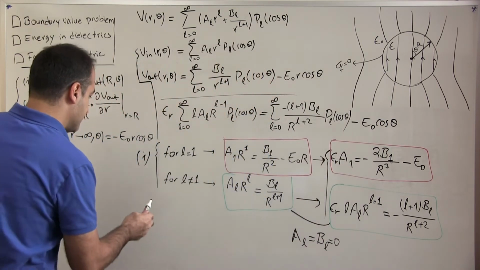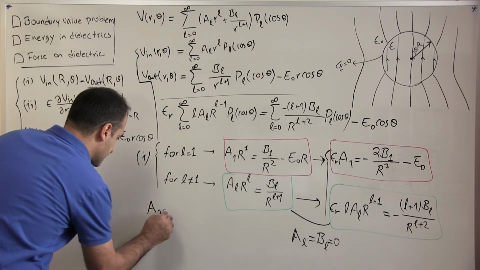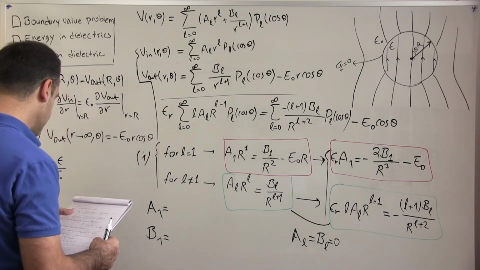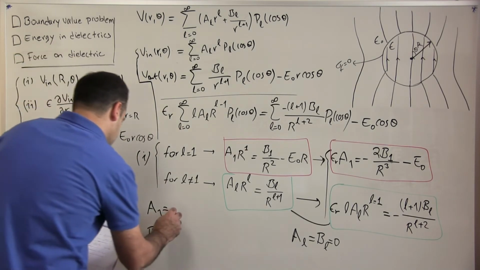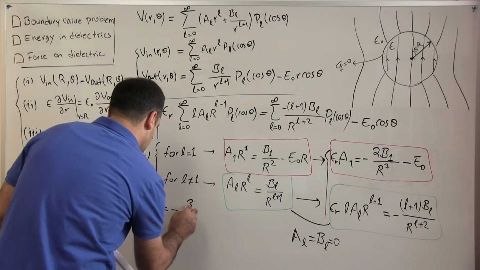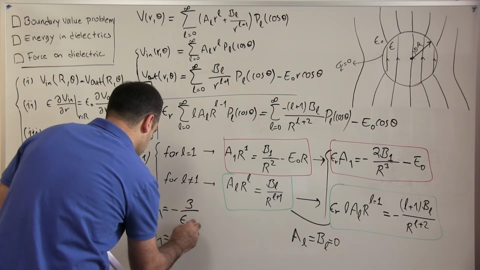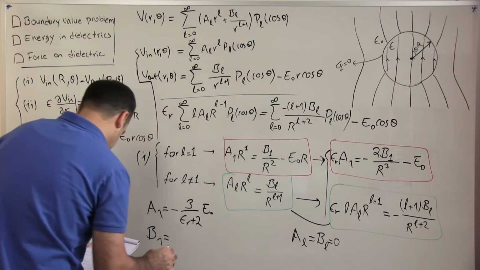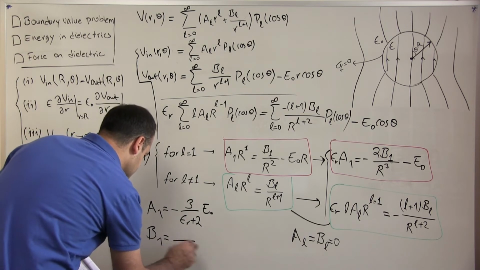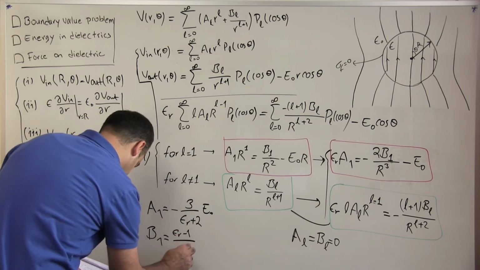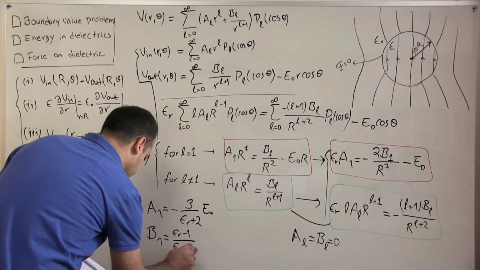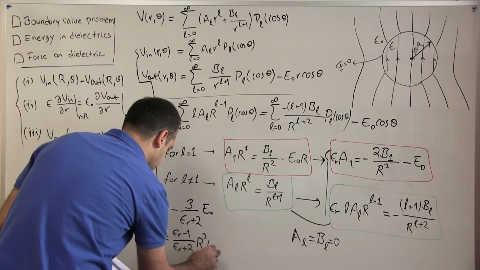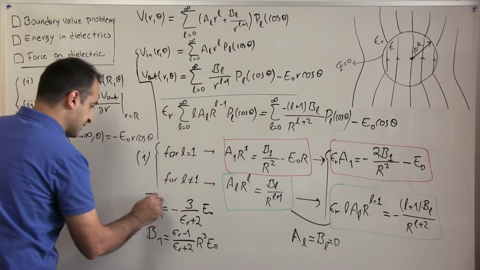If you look at the red boxes, from that we can actually find what A1 and B1 are. I can give you the solution: A1 should be negative 3 divided by epsilon R plus 2 times E0, and B1 is epsilon R minus 1 by epsilon R plus 2 times R cubed E0.